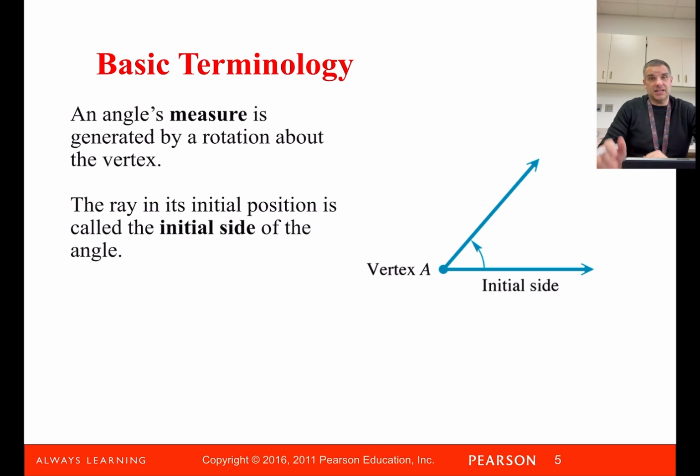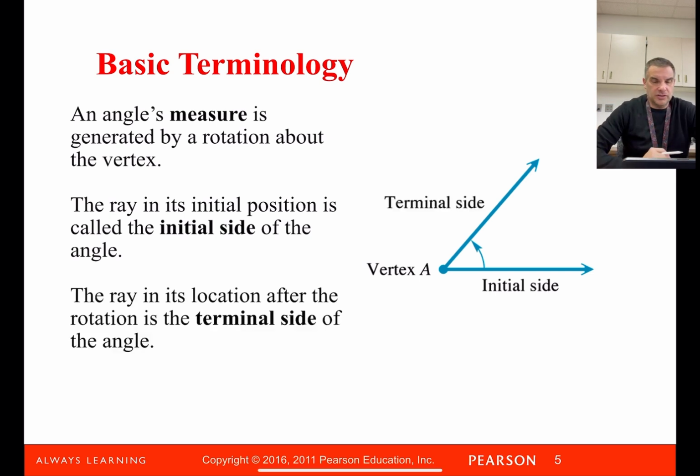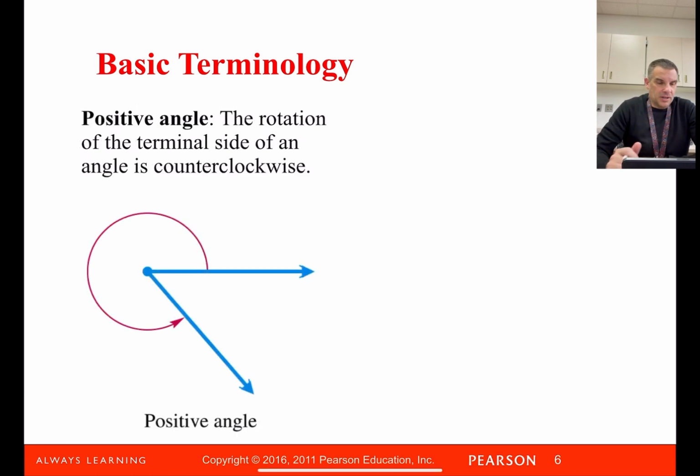The initial side is kind of where it starts opening, and then where it ends opening is called the terminal side. It's where it ends. So a ray in its initial position is called the initial side. A ray located after the rotation is called the terminal side. So you've got an initial side, it opens up, and this terminal side is kind of where it ends. Terminal means to end, so that's the terminal side.